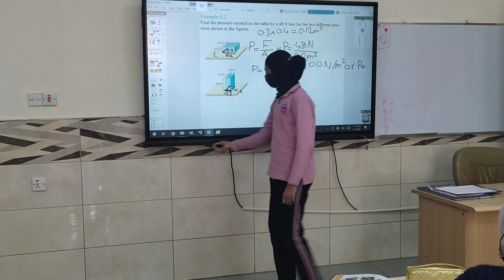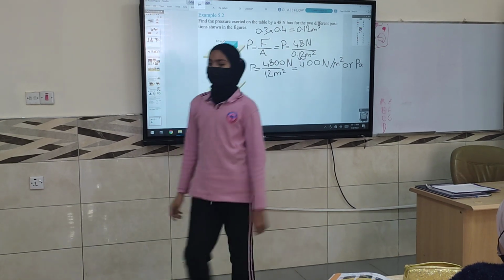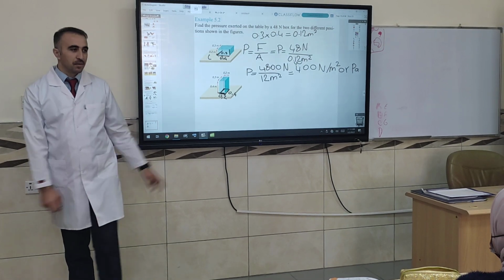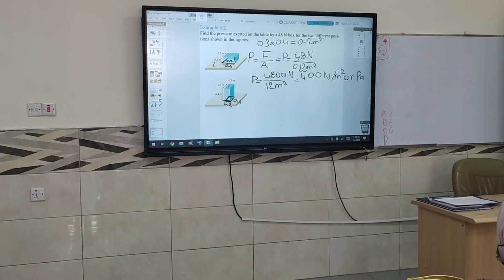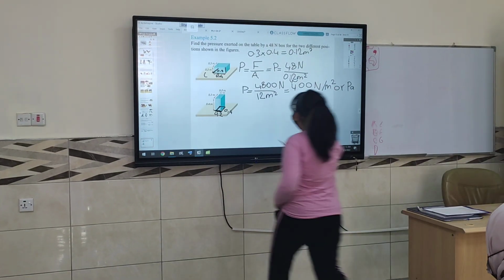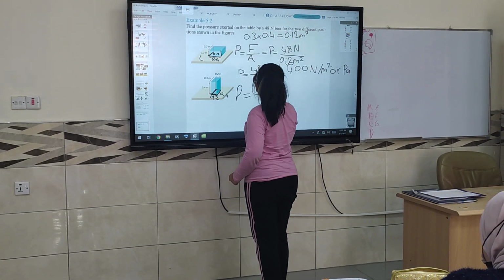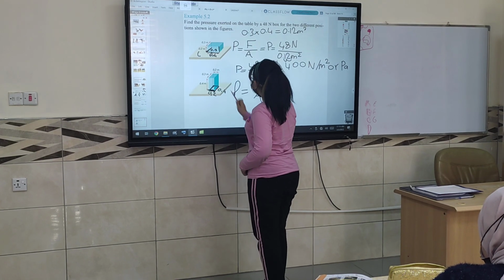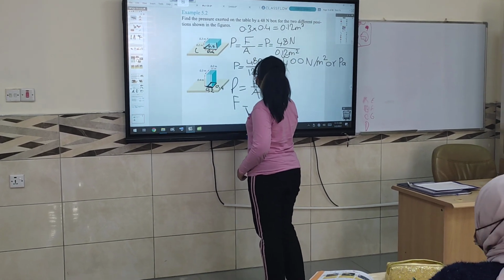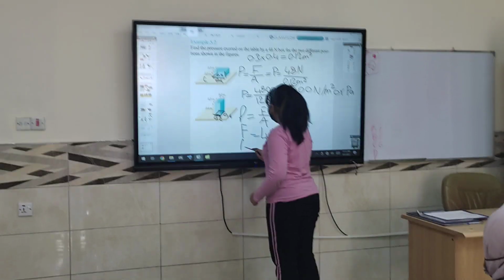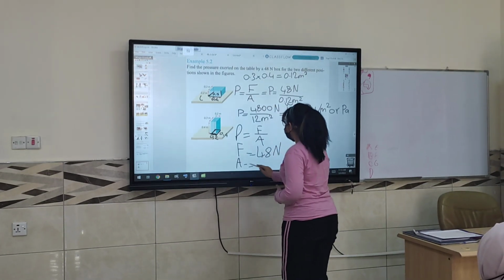Okay. In the second position, we can do this. Yes, Sema. We need to find pressure. Pressure equals force over area, and we have force. Force equals 48 Newton. And the area, we don't have area, but they gave us dimension.